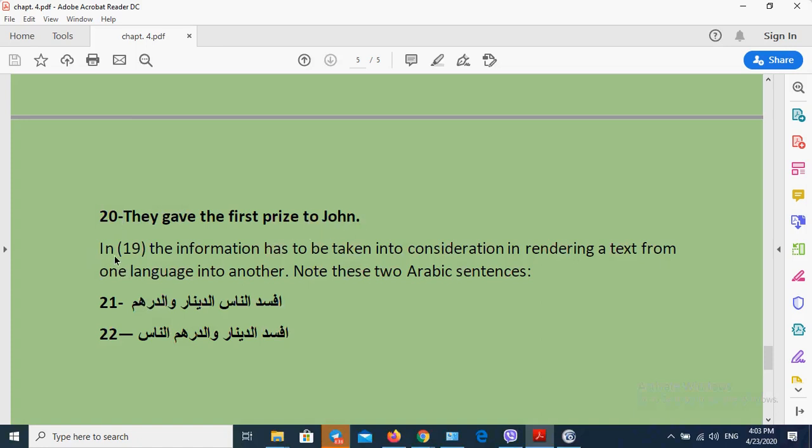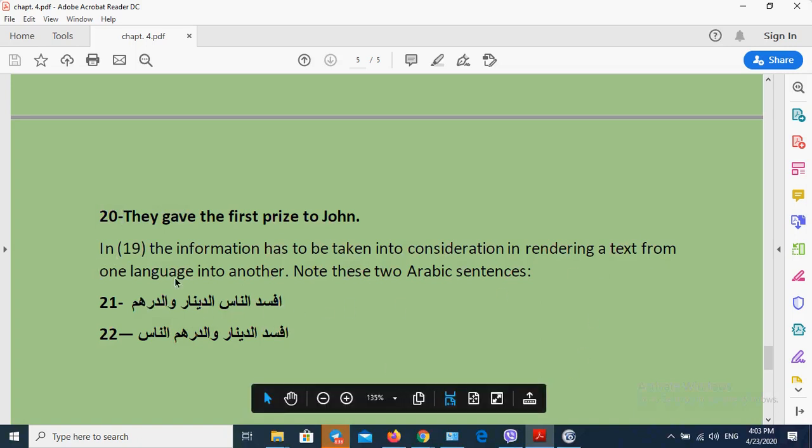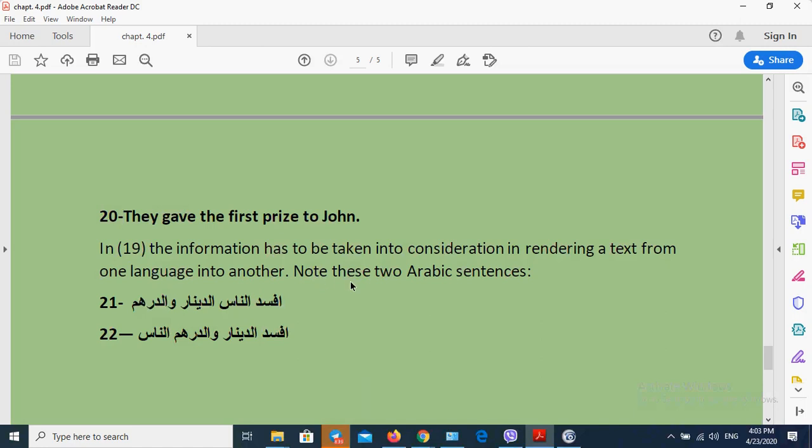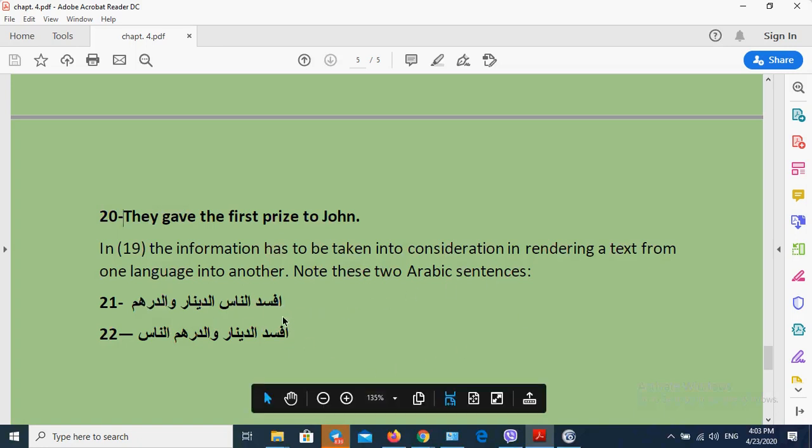Let's see here in 19 that information has to be taken into consideration when rendering a text from one language into another. These two Arabic sentences, okay, let's see here.